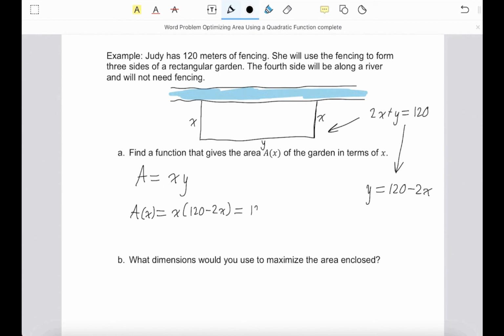This is 120x minus 2x squared. And this is the same as negative 2x squared plus 120x. Just writing it in a different order.